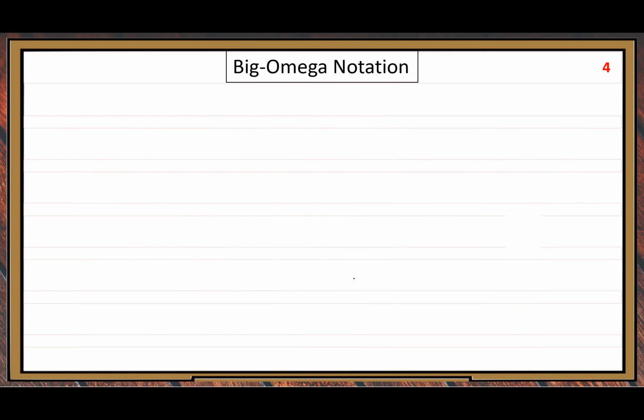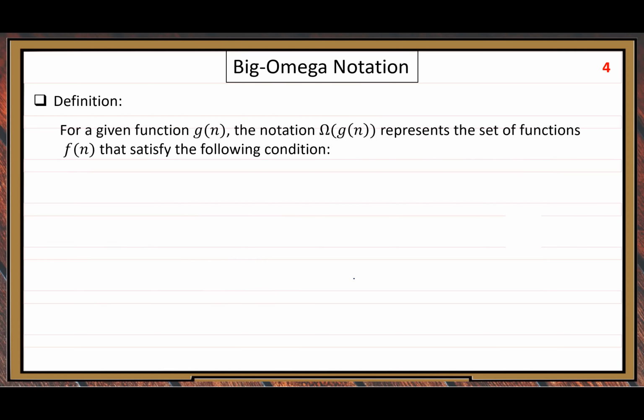Okay, let's go to some other asymptotic notations, but this time we use a similar way to our previous formal definition. The change is mainly in the inequality. The definition: for a given function f of n, the notation big omega of g of n represents the set of functions f of n that satisfy the following condition.